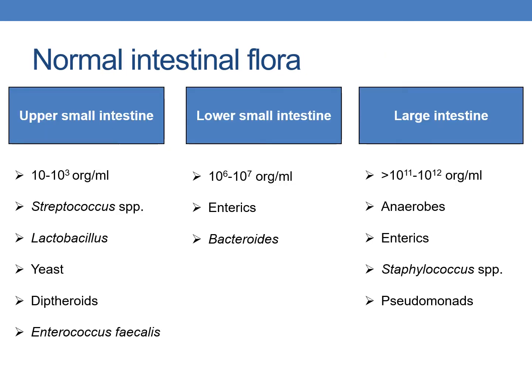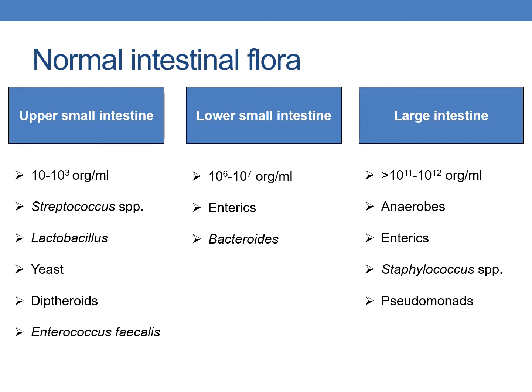You can see here that the upper small intestine harbors the fewest organisms because it's closest to the stomach. The upper small intestine harbors about 10 to about 1,000 organisms per mL, and those organisms are usually streptococcus, lactobacillus, yeast, diphtheroids, and Enterococcus faecalis.